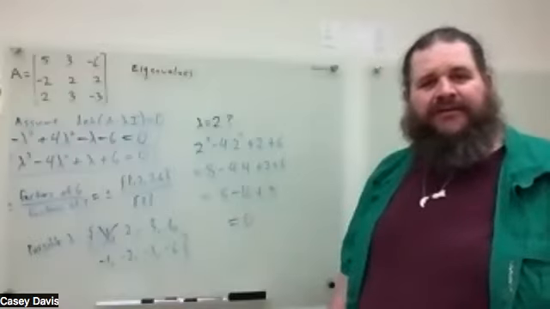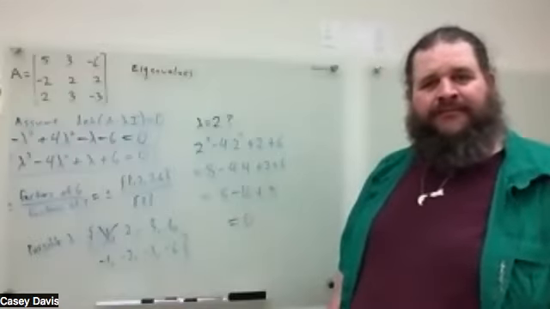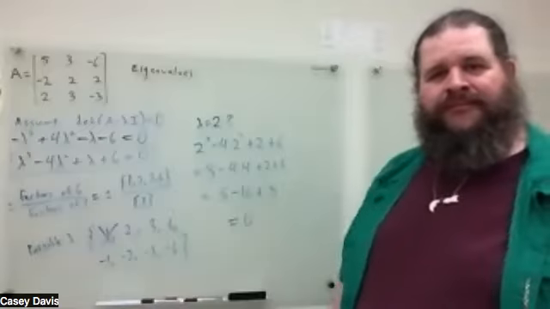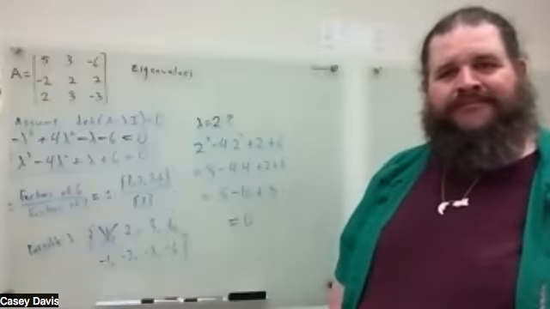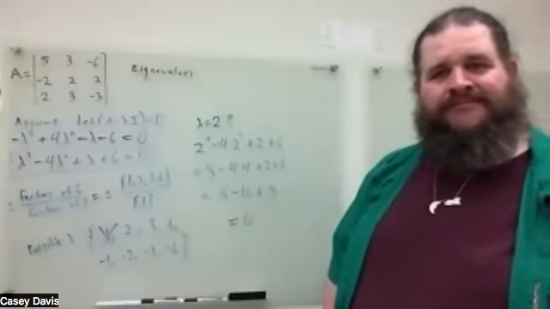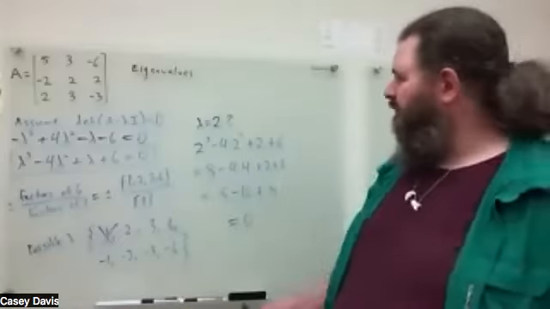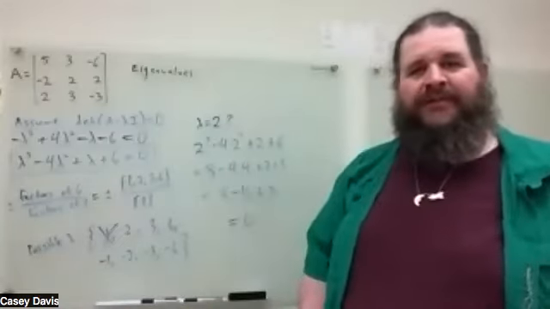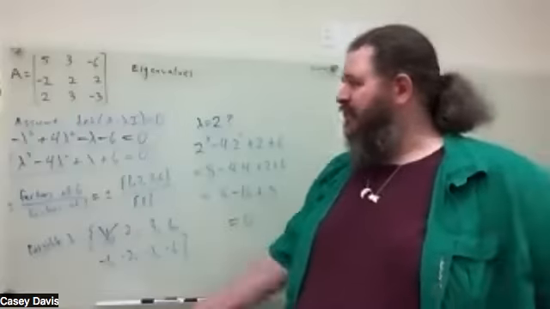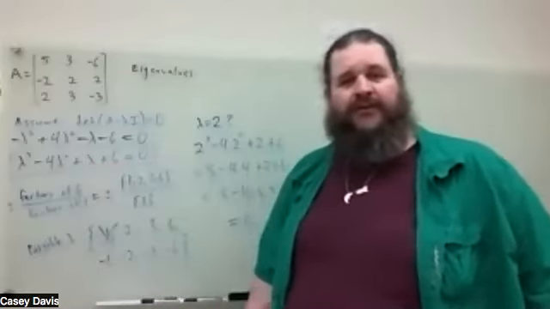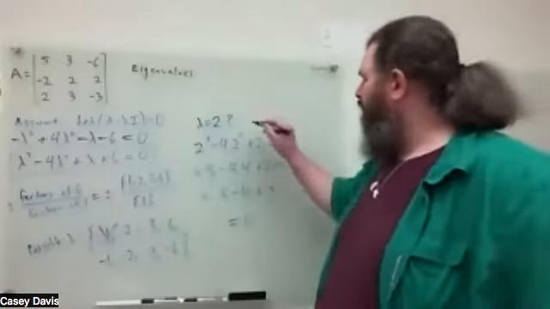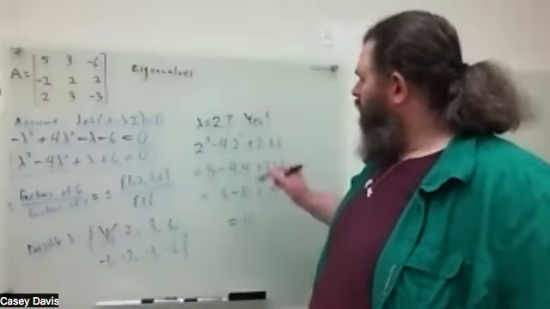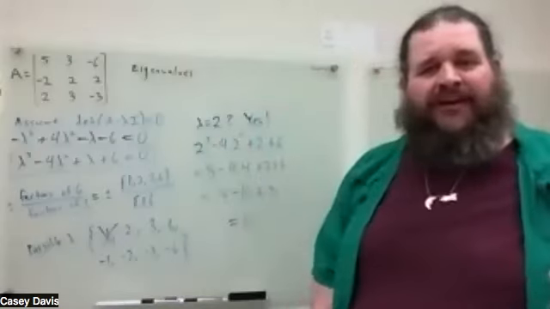So what does that tell us? Yeah, 2 really is a solution. Lambda equals 2 is an eigenvalue because it's a root of this characteristic cubic. So we know lambda equals 2 is an eigenvalue.